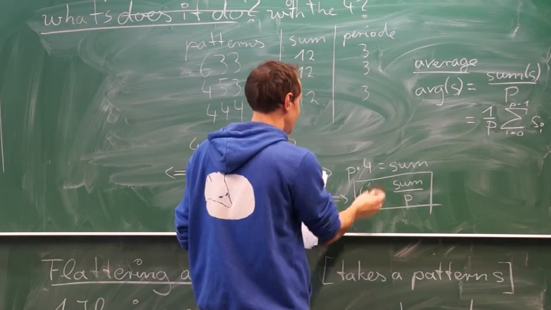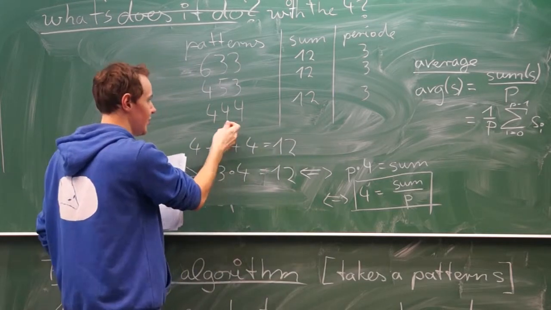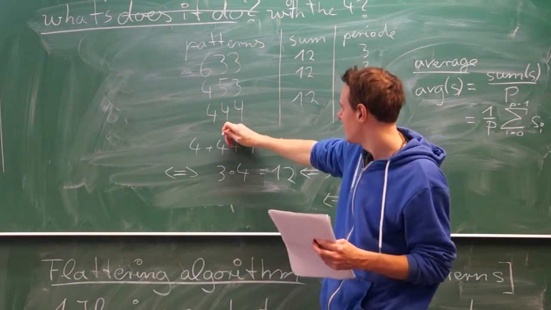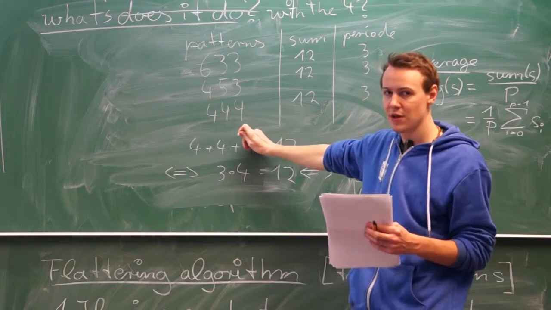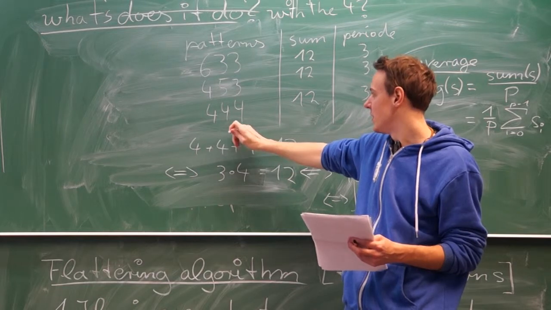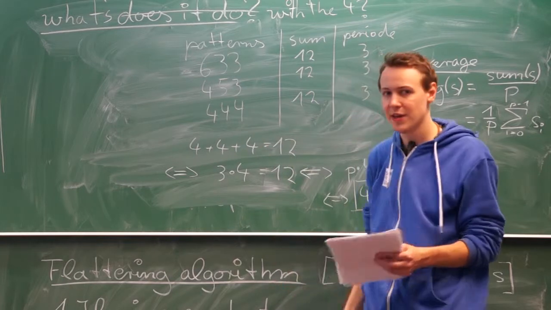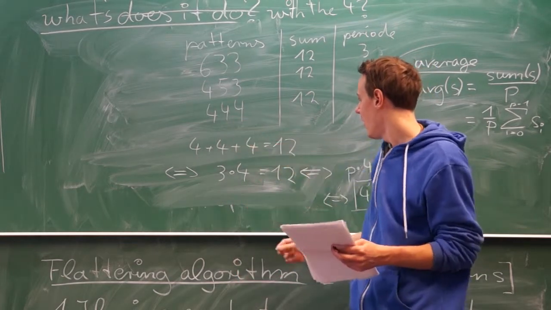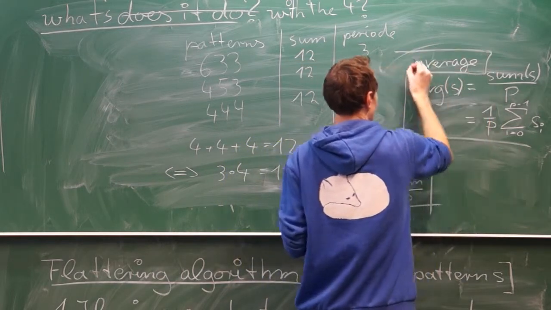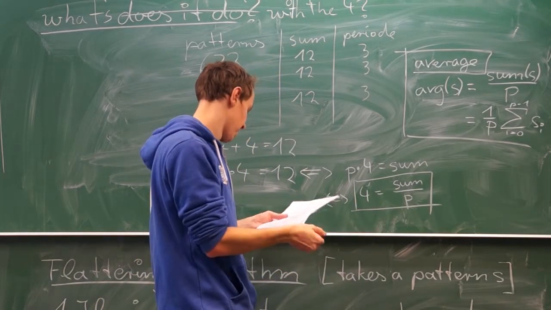And this 4 is exactly the average, because on every digit there's a 4, and so the average has to be 4. And this is kind of nice, because when we see that the sequence is a constant sequence, we automatically know how many objects we need in order to run this pattern. So this 4, 4, 4 is telling me I need 4 objects in order to do that. And this is exactly the same with the average. The average is telling me how many objects I need to run this pattern.